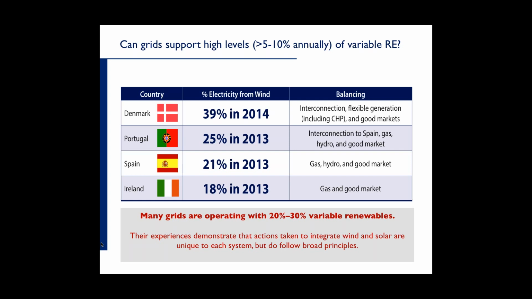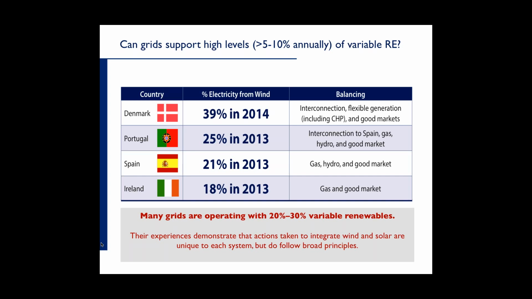Down at the bottom of this graph, you see Ireland, which is literally an island. It's an island geographically and electrically. And in 2013, the interconnection with Great Britain was not working. The pump storage was not working. And so this 18% annual penetration in Ireland was achieved with no interconnection, external market, or anything.